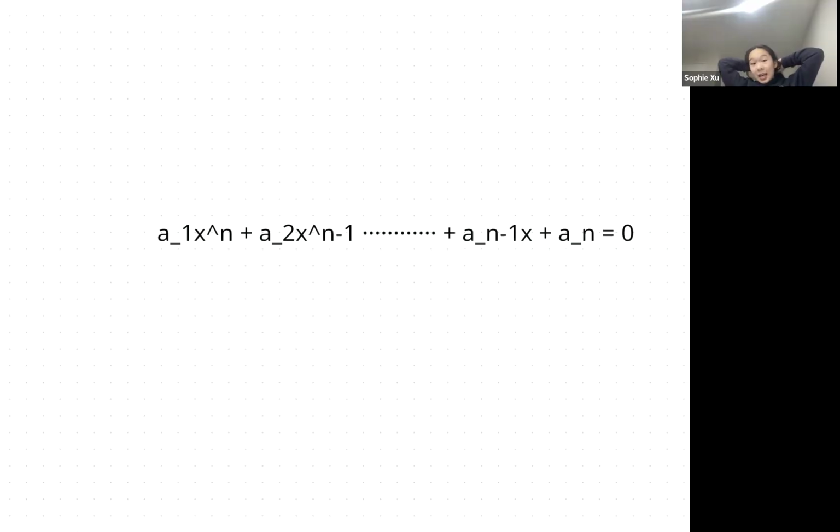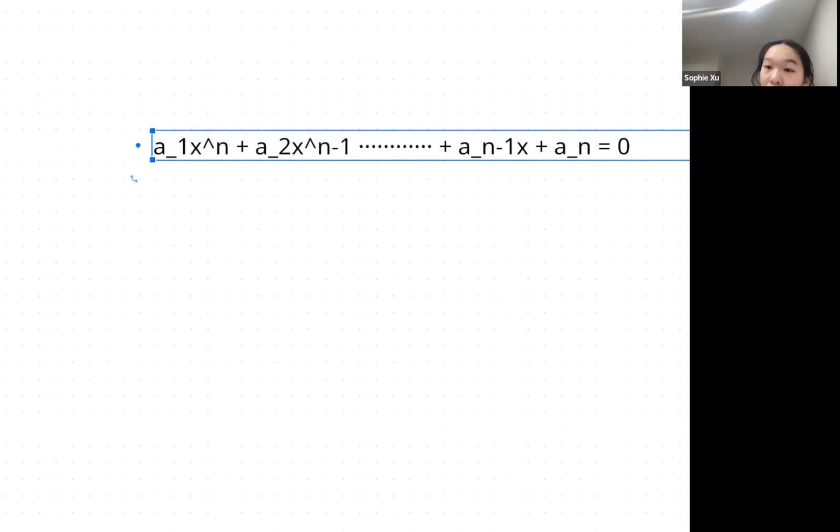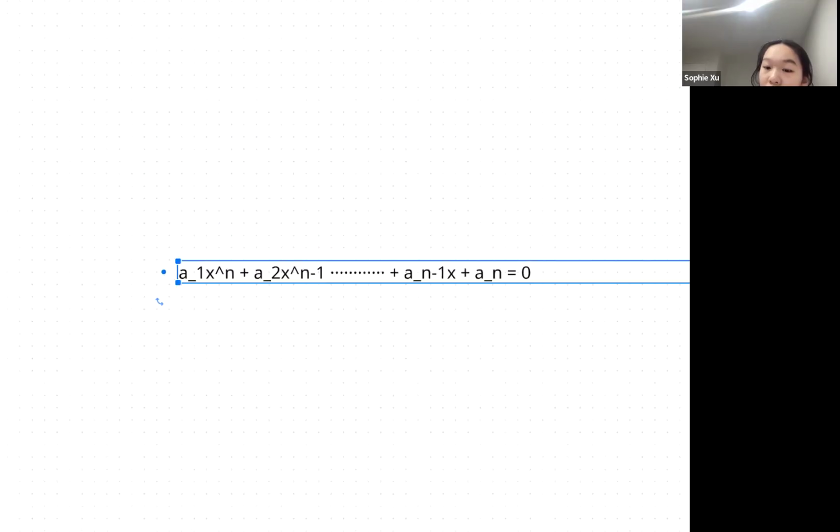Does someone want to try and state part of Vieta's formula for this polynomial after noticing a pattern from previous ones? Isabel, do you want to try?